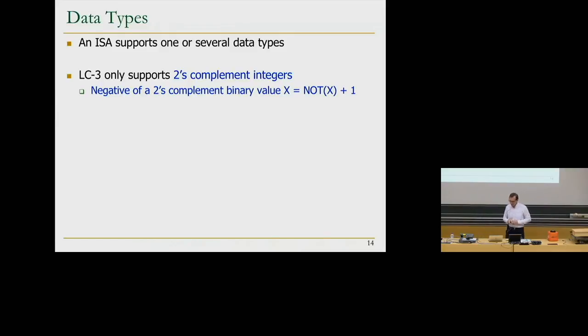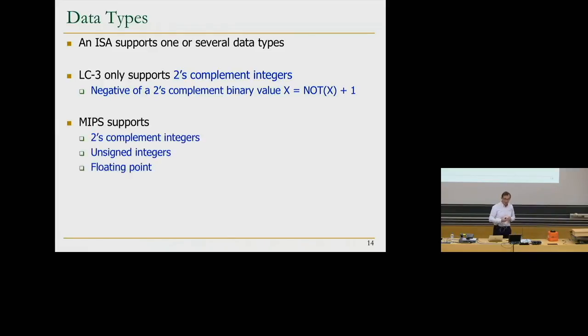Okay, for example, if you do the negative of 0, you not the 0, 0 is all zeros, not is all ones, right? And then add 1 to it, you get all zeros again, right? Of course, you ignore the carry. Okay, so this is how you do arithmetic using 2's complement integers in a binary machine.